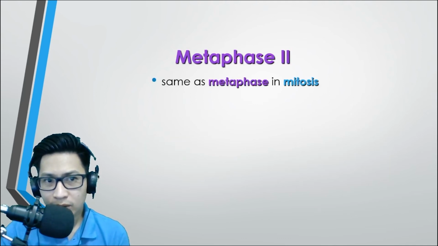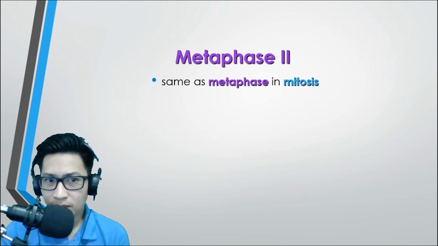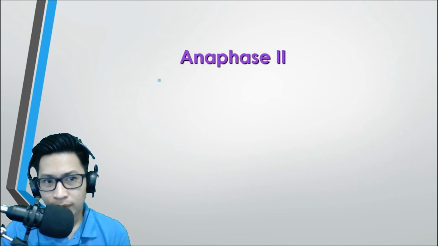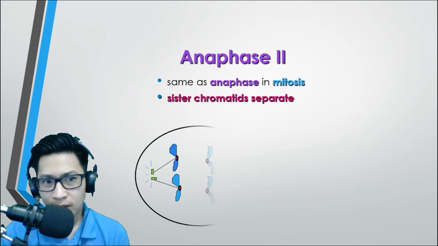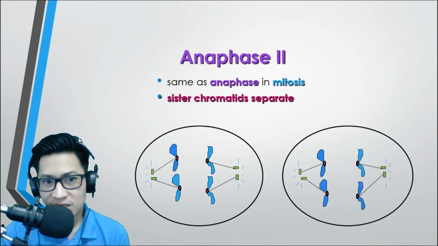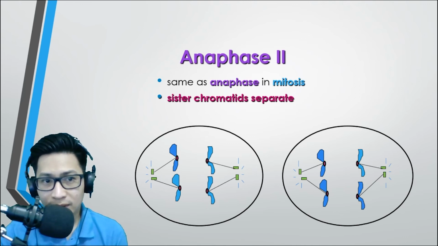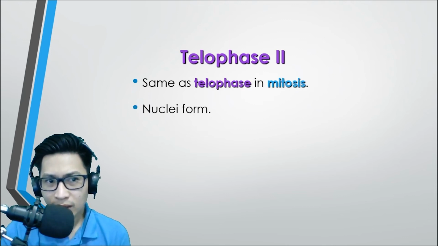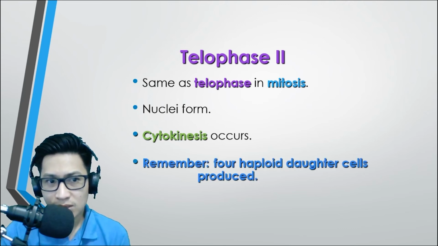And then during metaphase II, same as the metaphase in mitosis, the chromosomes will align at the center, or what we call the metaphase plate. And then in anaphase II, the sister chromatids will separate by means of the spindle fiber pulling outward. May maghihiwalay na yung sister chromatids in anaphase II. Then in telophase II, same as the telophase in mitosis, the nuclei can be observed, and cytokinesis occurs.